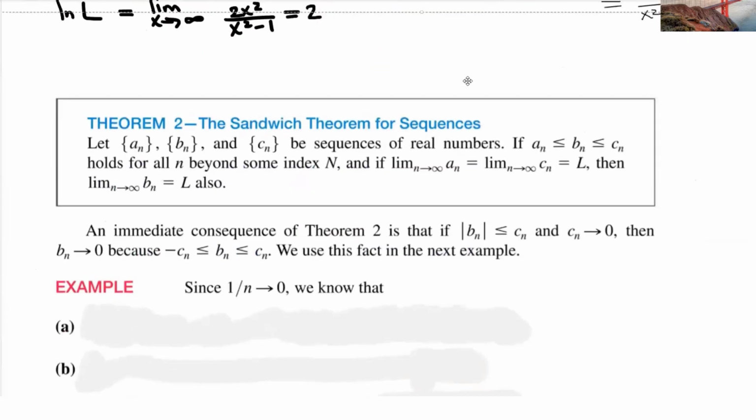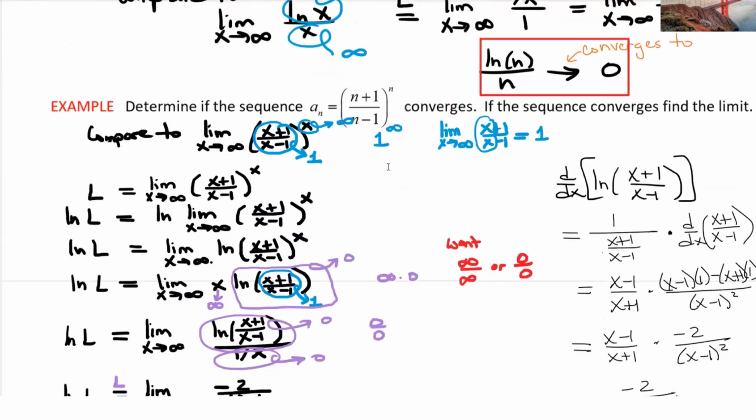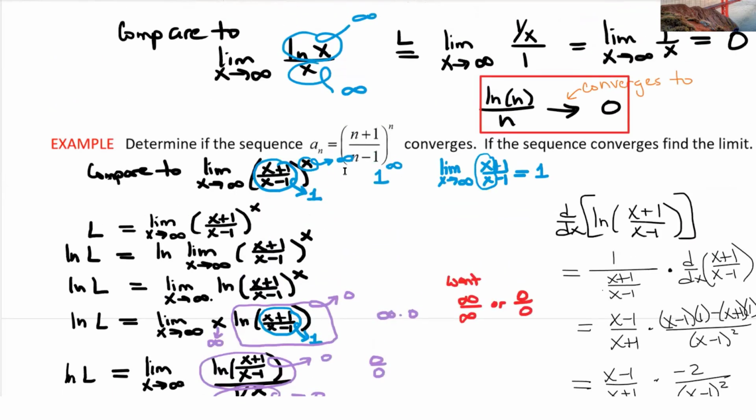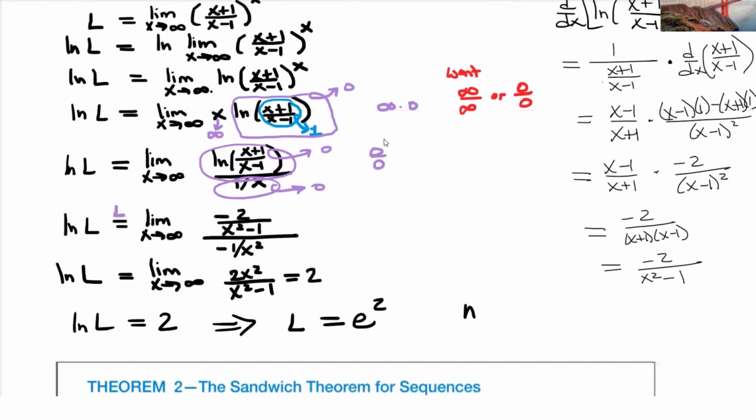And now we just need to find what our actual limit is. So if the natural log of L is equal to 2, then that would mean that L is equal to what? Good, e squared. All right, so we just proved that this sequence converges to e squared. So we could write (n plus 1 over n minus 1) to the n power converges to e squared.